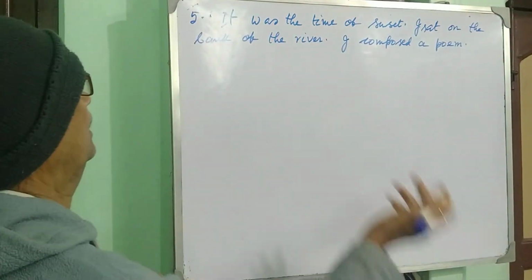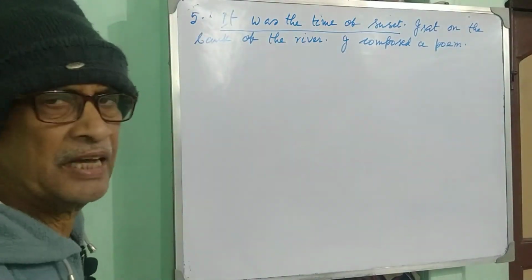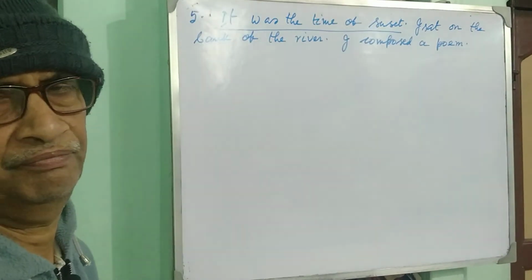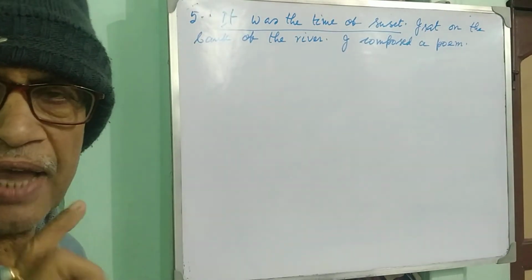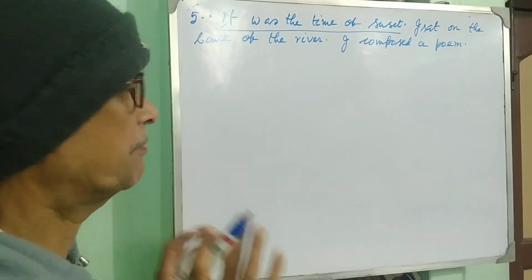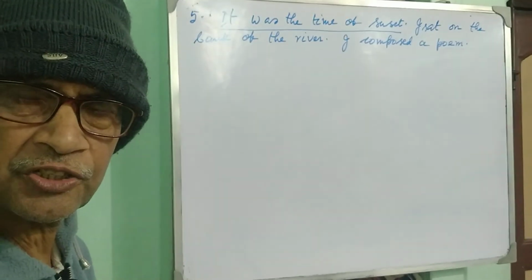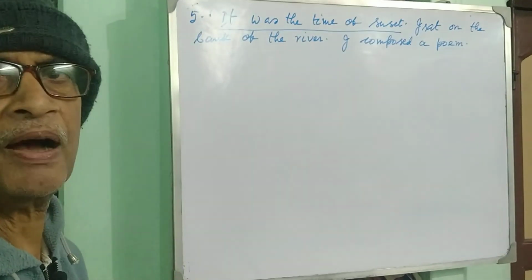Okay? So, it was the time of sunset can be expressed through an adverbial, because it is the adverbial of time. Adverb suggests time. What is adverbial? It is a group of words having the function of an adverb.